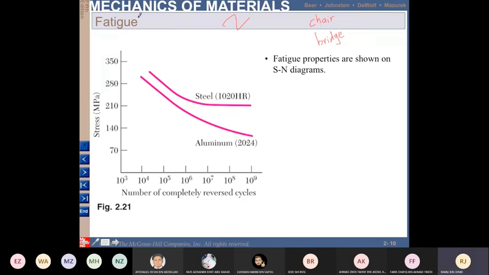So that is why fatigue is important, because we want to measure how many repeated times that product or that thing can stand with load.